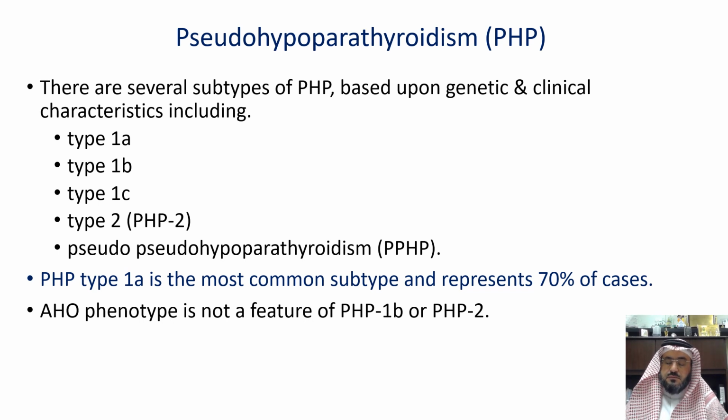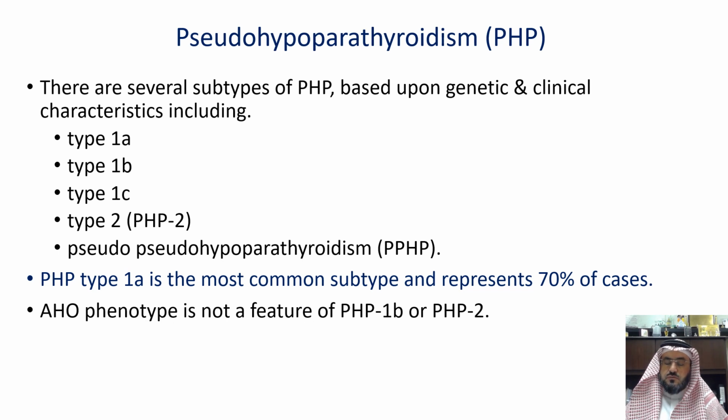The commonest subtype is type 1A, and in this type we have a combination of clinical and biochemical abnormalities. Type 1A is the most common type and represents about 70% of all cases of pseudo-hypoparathyroidism.